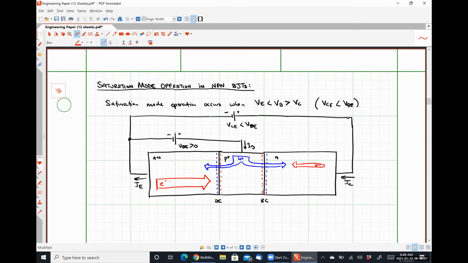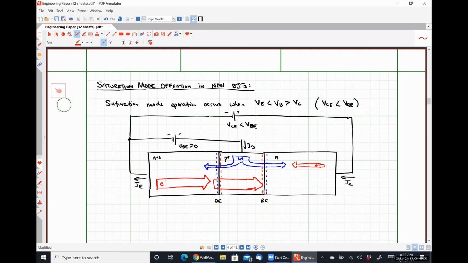So these electrons that are flowing from the emitter to the base are going to diffuse across the base region because there is a big concentration gradient, like so.